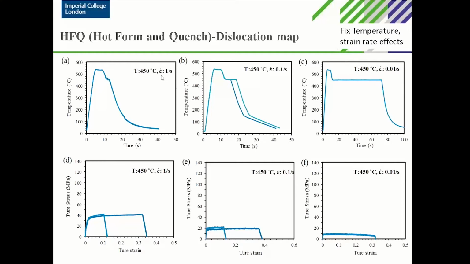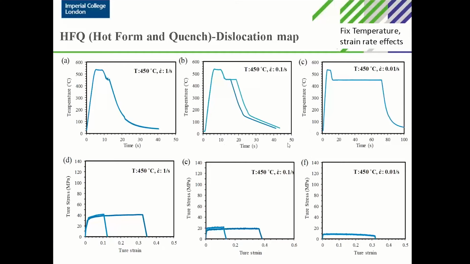So you could see that reducing the strain rate will increase the deformation time of the components. If you look at the temperature with respect to deformation time, the strain rate 0.01 per second lasts very long, but strain rate 1 per second is only deformed within seconds.